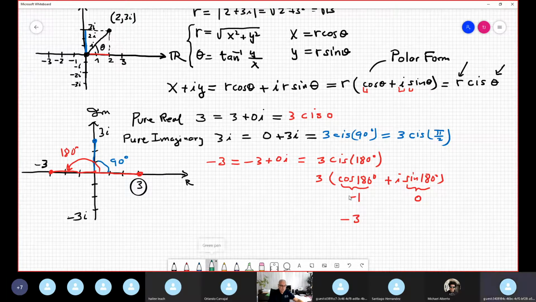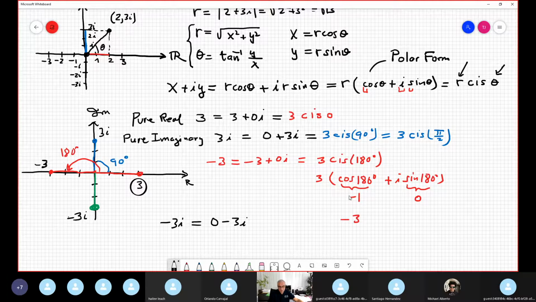Yes, Professor. Now minus 3i. Suppose minus 3i. Which is, again, purely imaginary, no? Purely imaginary, minus 3i. It's a number that has no real part. The interpretation is 0 minus 3i. The real part is 0. The distance r is 3.